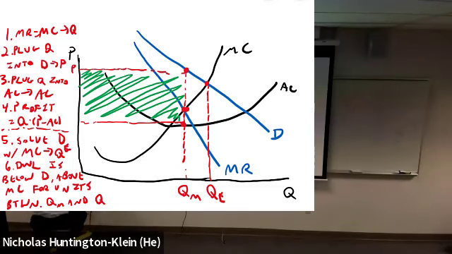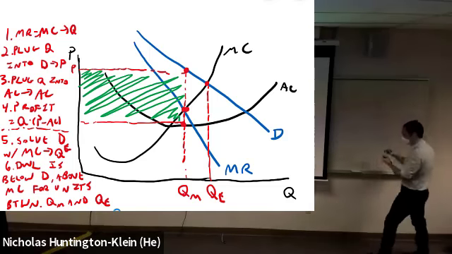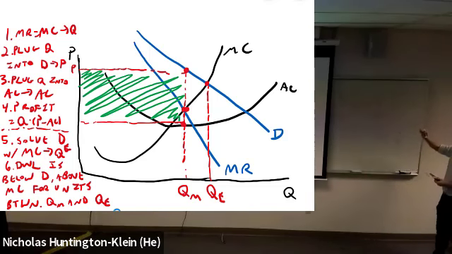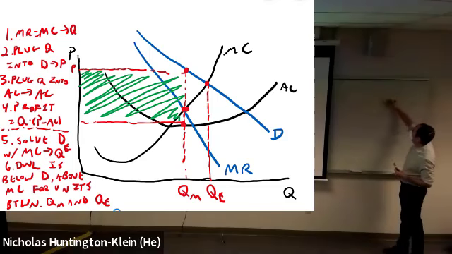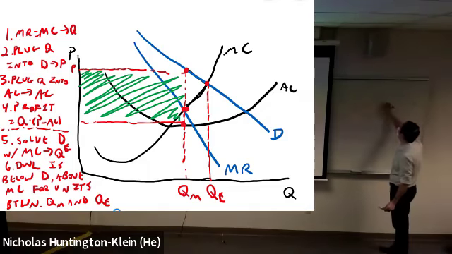Right? For the efficient quantity, we want to go all the way up to the efficient quantity, but we don't do that. We stop early. If we had continued going, we would have gotten all of this benefit, but also incurred all of this cost. So benefits minus cost is how much additional total surplus we would have had. We don't. So this here is going to be our deadweight loss.